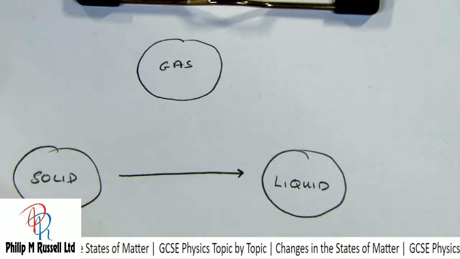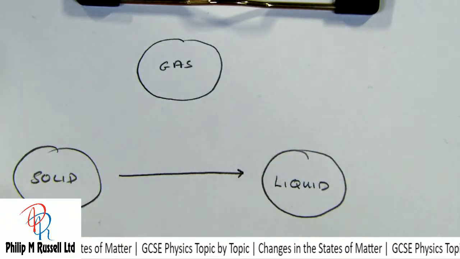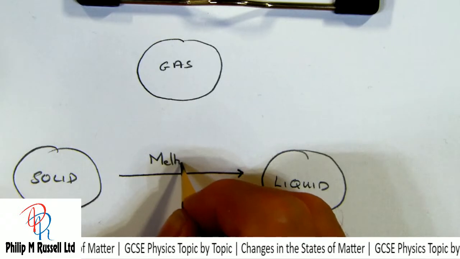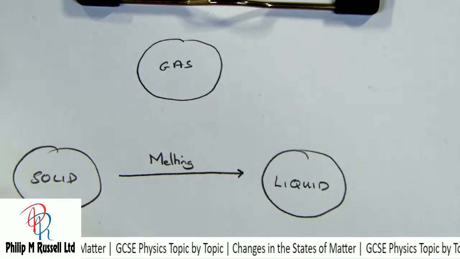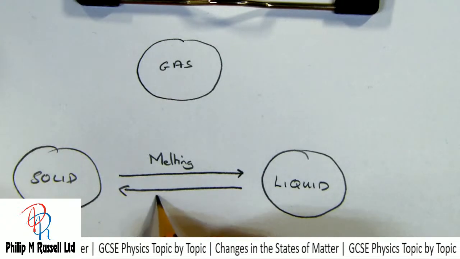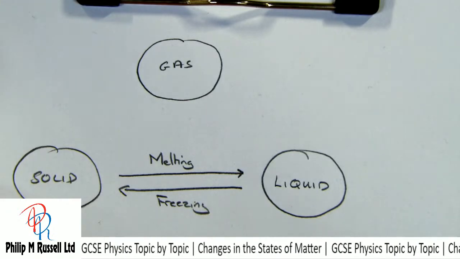This is in fact what we're going to do in this experiment, and that is going to be looking at our melting. We can of course change a liquid back to a solid. We call that freezing, and we can also see that one as well.